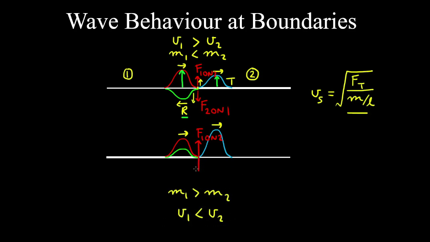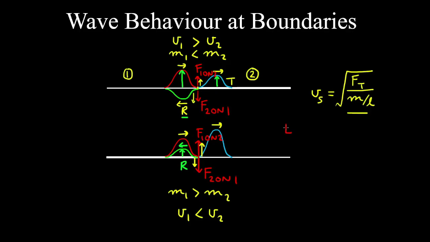And by Newton's third law, string 2 exerts an equal and opposite force on string 1. But because string 2 is lighter than string 1, so it has less inertial resistance, then it's going to accelerate upwards more than string 1 accelerates downwards. And consequently, the reflected wave pulse remains upward, but has a lower amplitude than the incident wave pulse when it's travelling backwards through the string.